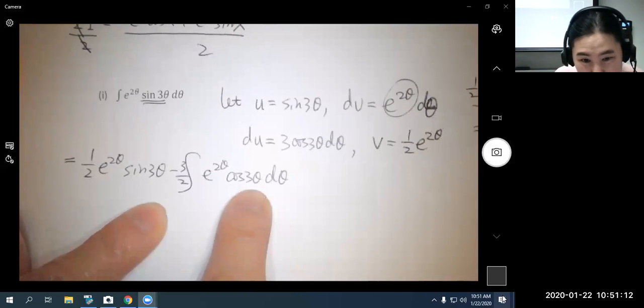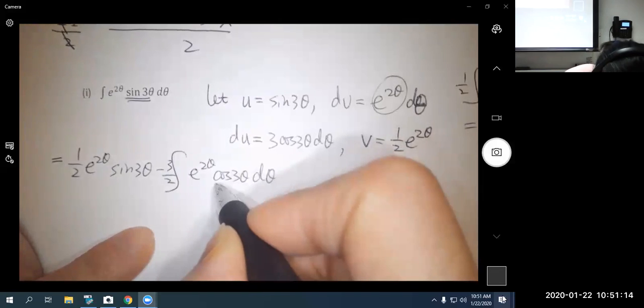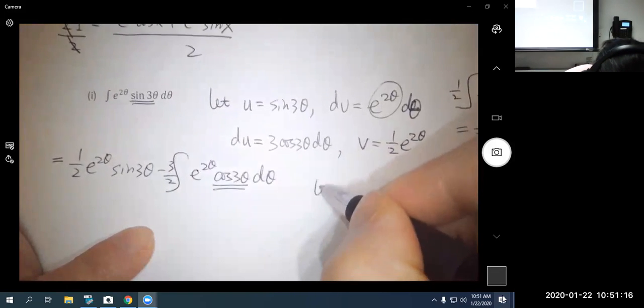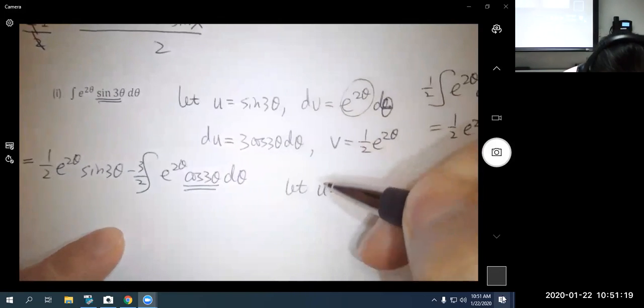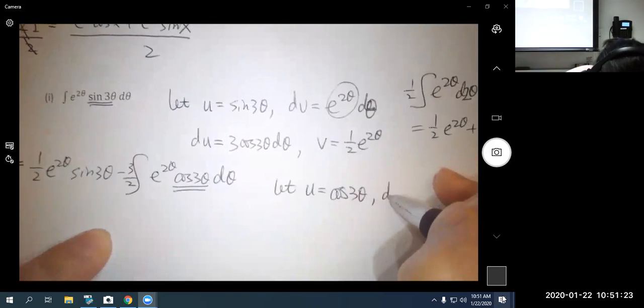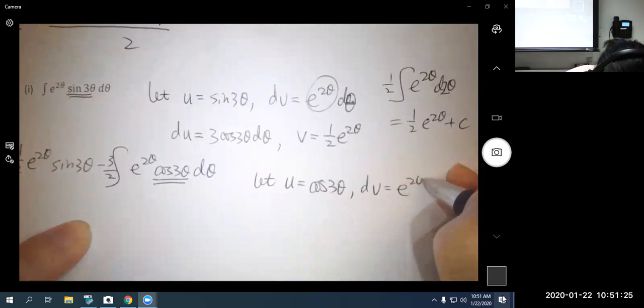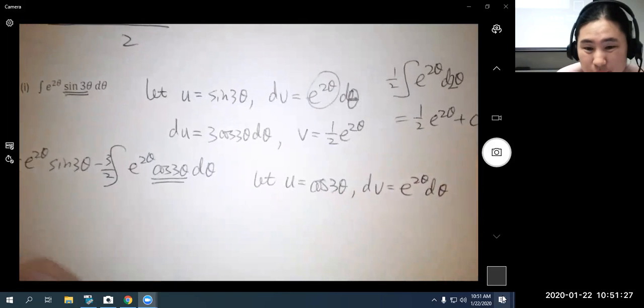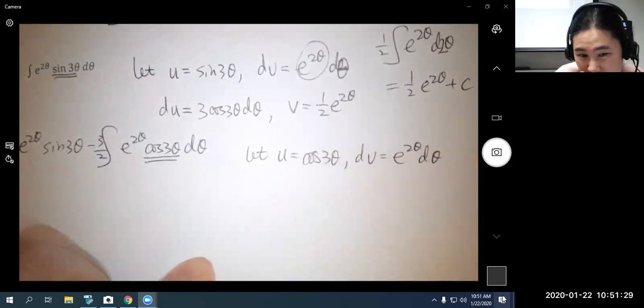This time, we're going to let u equal cosine 3 theta, and dv equal e to the 2 theta d theta. Now let's compute du.